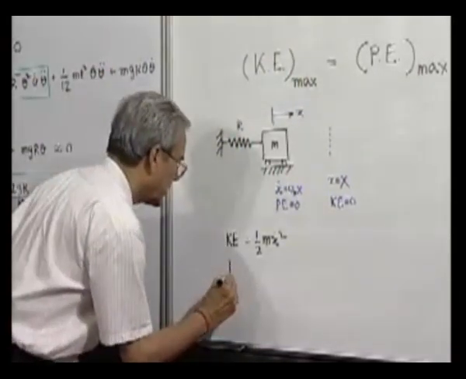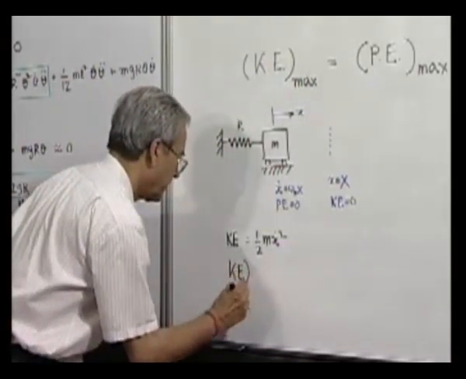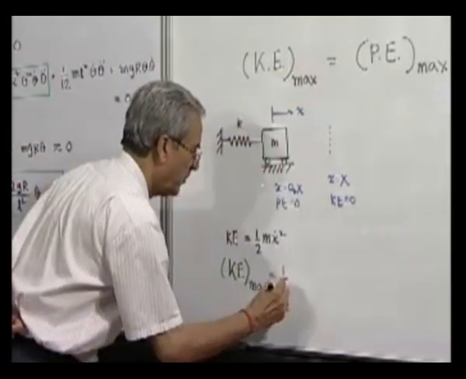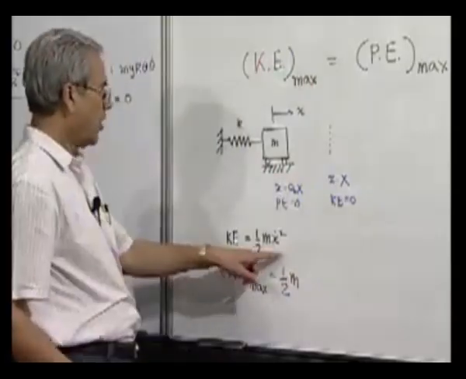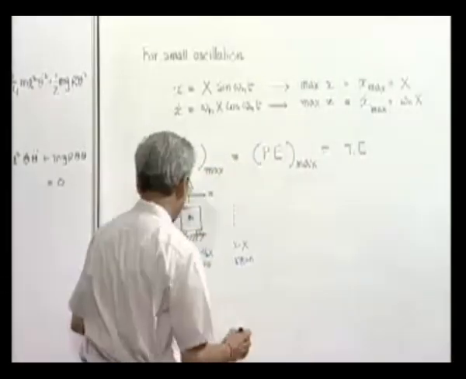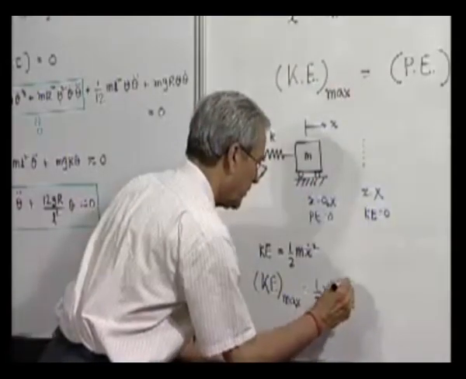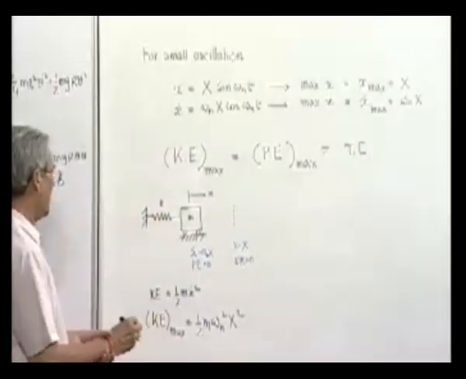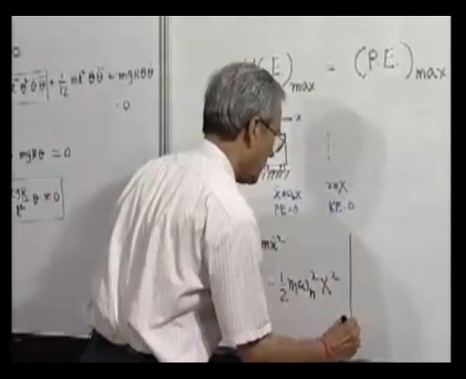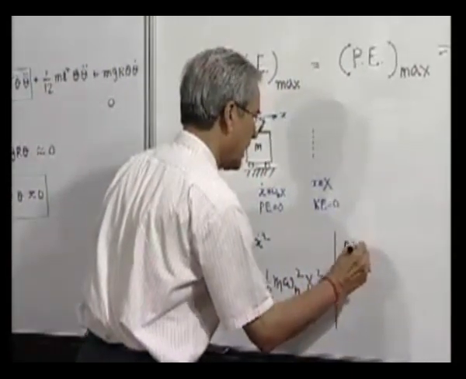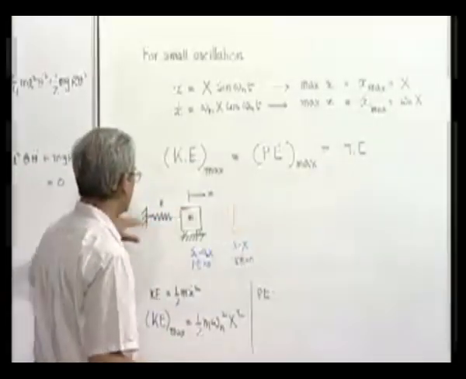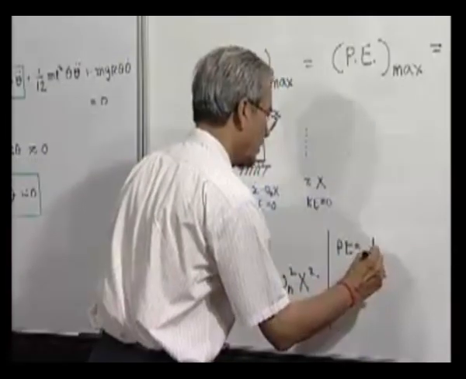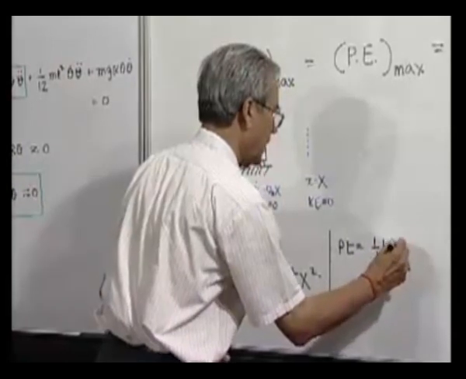So Ke max is going to be half m, where x dot's maximum value is omega n X. And for potential energy, the gravitational potential energy remains the same, so you can put it equal to 0. Strain energy is the only potential energy, which is half k x square.